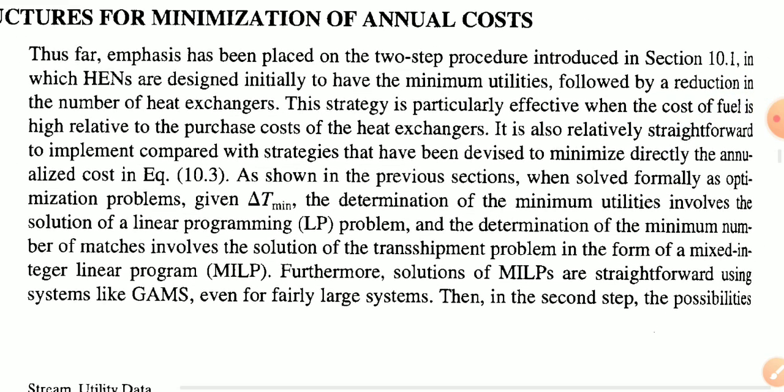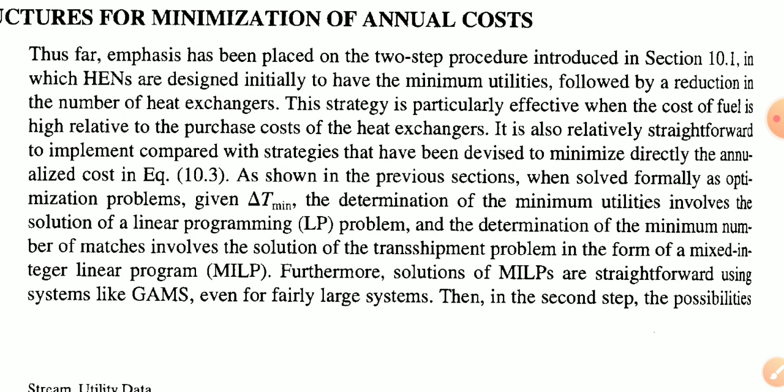Again discussion part. Thus far emphasis has been placed on the two-step procedure introduced in section 10.1 in which heat exchanger networks are designed initially to have the minimum utilities followed by a reduction in the number of heat exchangers.